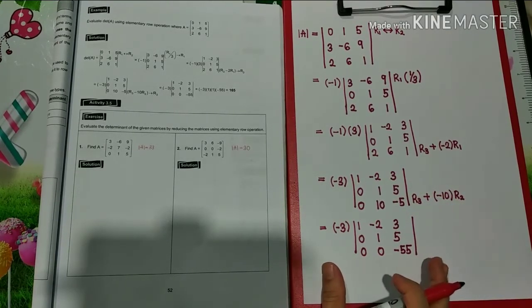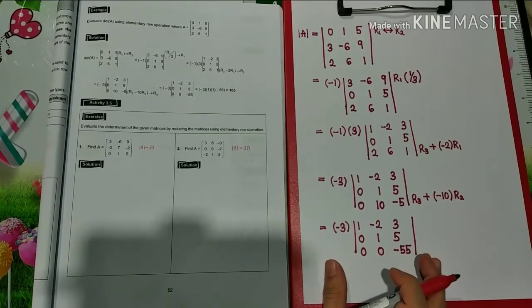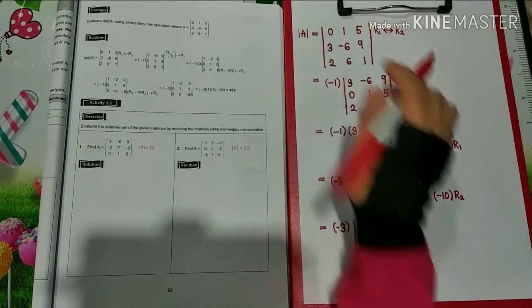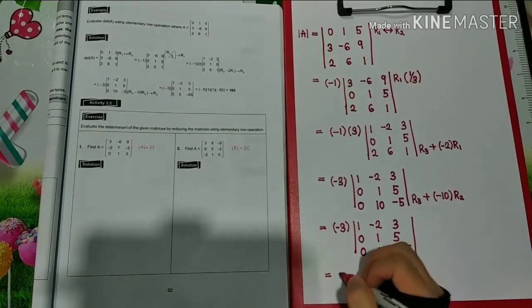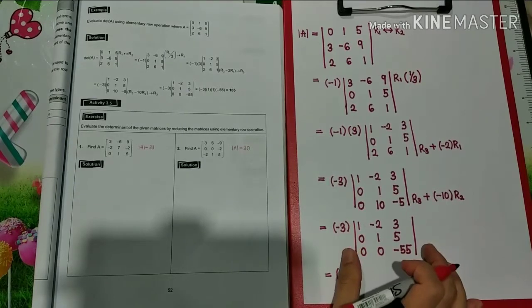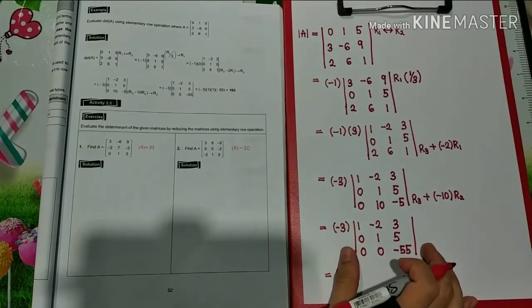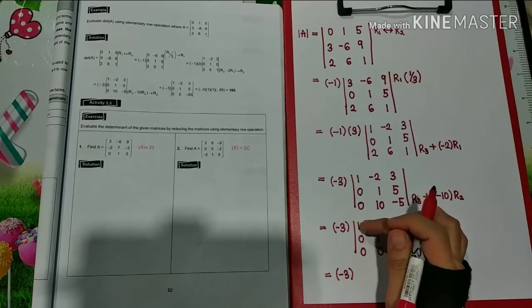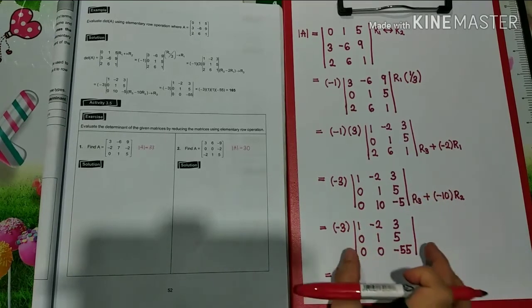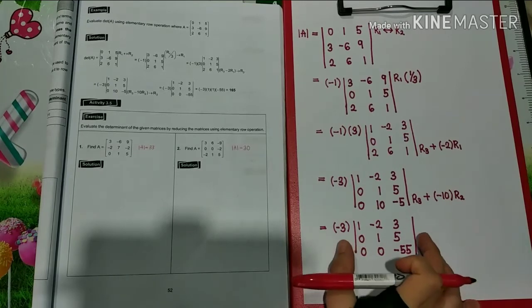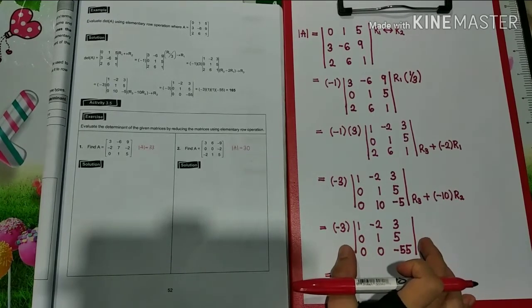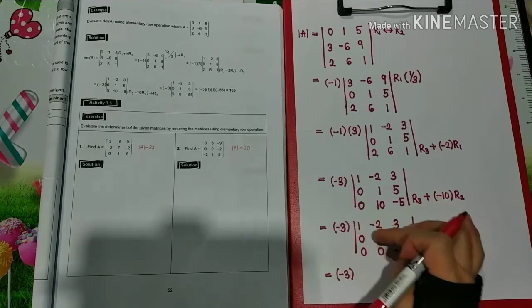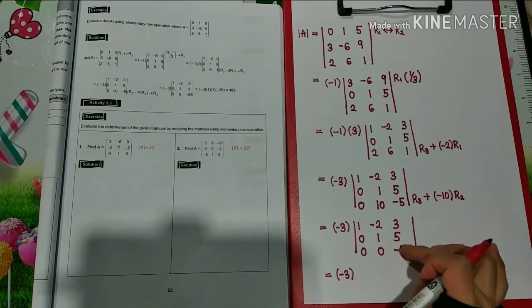So from this one, you can evaluate the determinant for the matrix A. What you need to do here, this one is -3. You just write it back. And now you find the determinant for this upper triangular matrix. You find the product of all entries on the main diagonal here.